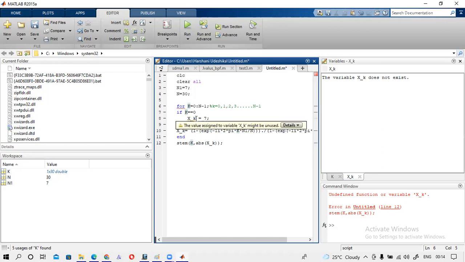If k is equal xk, xk, and this also will be xk. And because maybe sometimes, now you can see that error has disappeared. No. Okay.